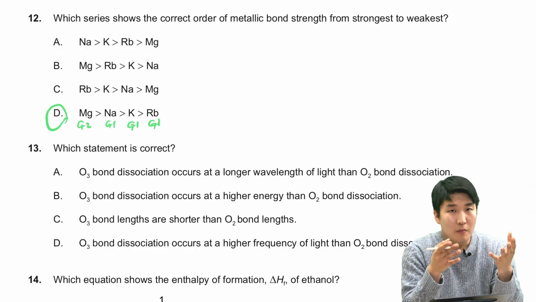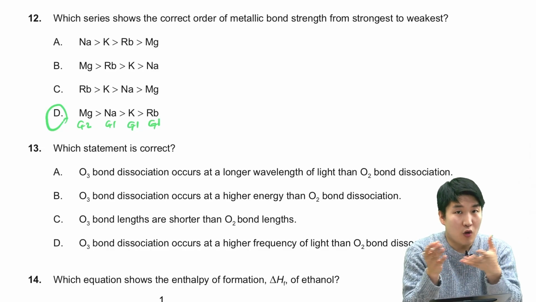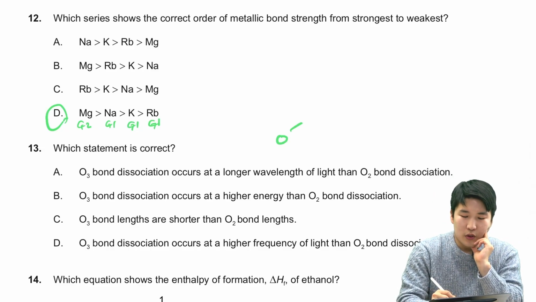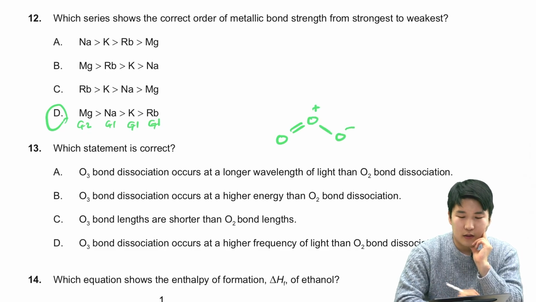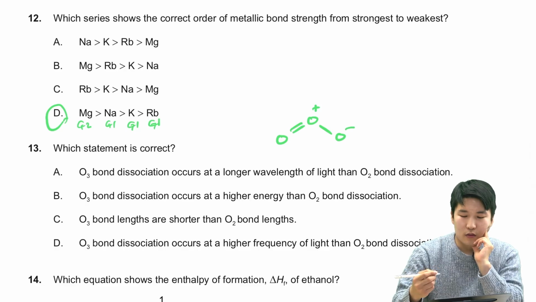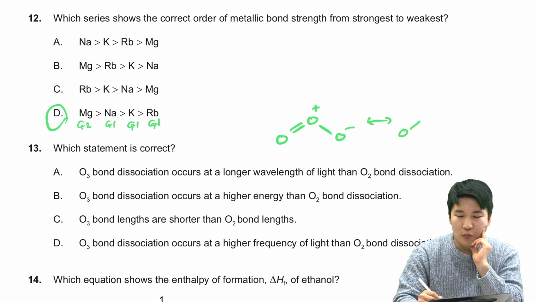Let's compare the bond strength of ozone and oxygen. Ozone is represented as a combination of resonance structures.